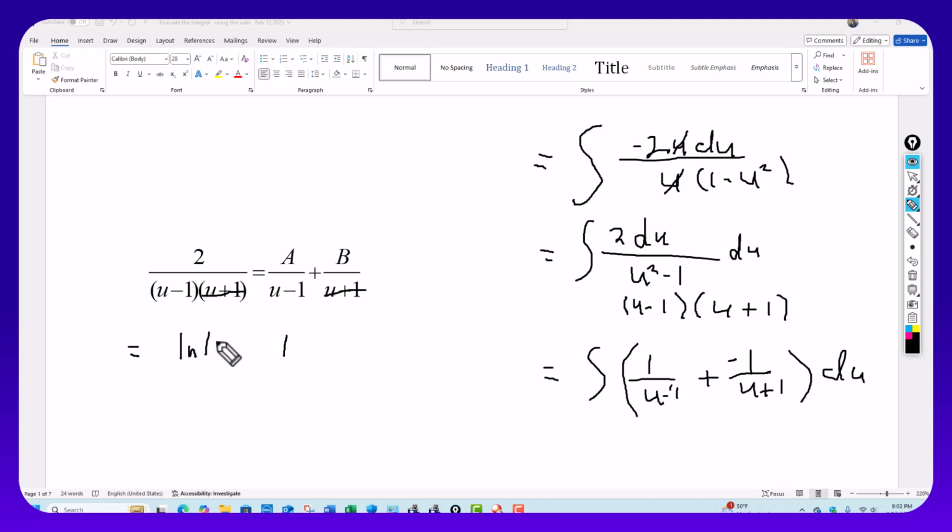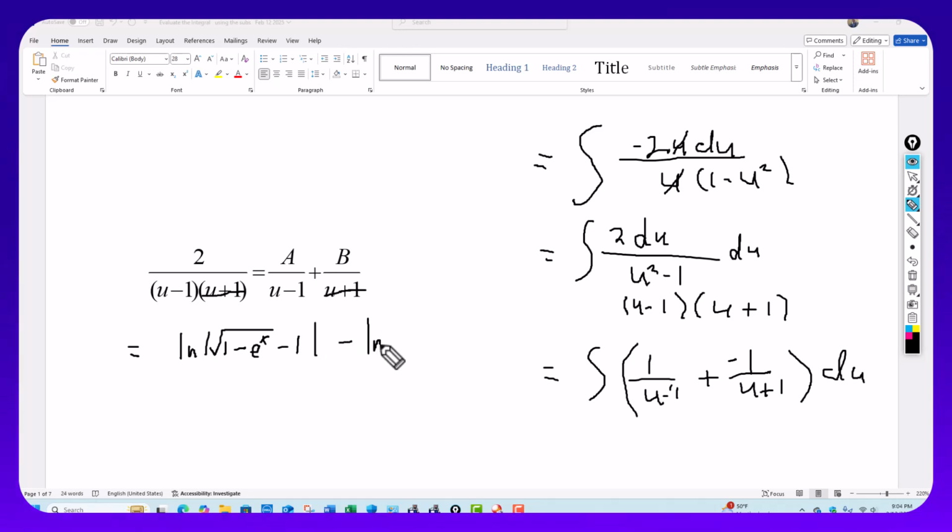So what is u? u is the square root of 1 minus e to the x. So the integral of this first one here is natural log of absolute square root of 1 minus e to the x minus 1. But the u, like I said, was the square root of 1 minus e to the x. And then we have a minus.